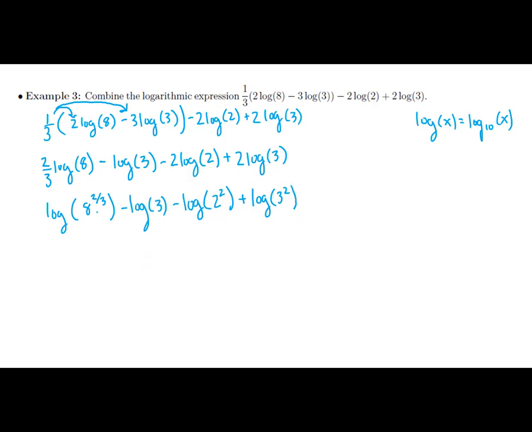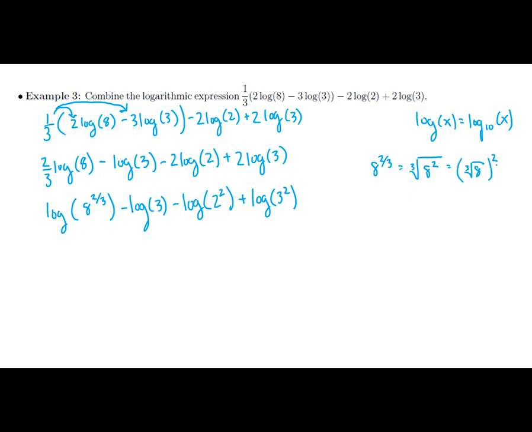Now let's just look at 8 to the 2/3. On the previous example, we saw that 8 to the 1/3 was equal to 2. The thing to remember about 8 to the 2/3 is that this is the cube root of 8 squared, or it's equal to the cube root of 8, squared.